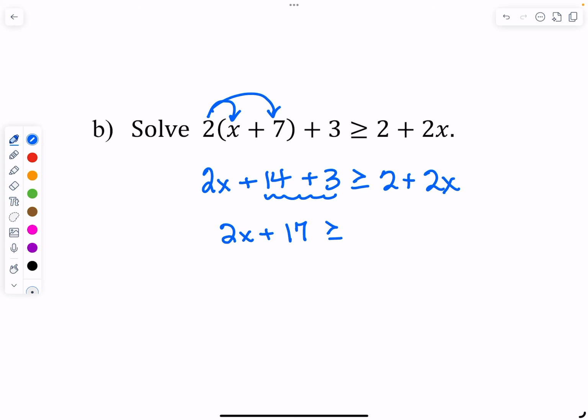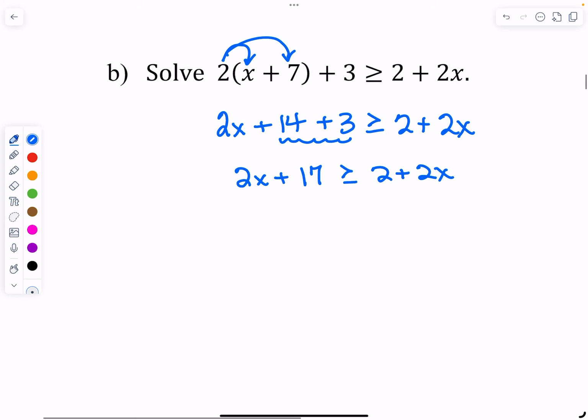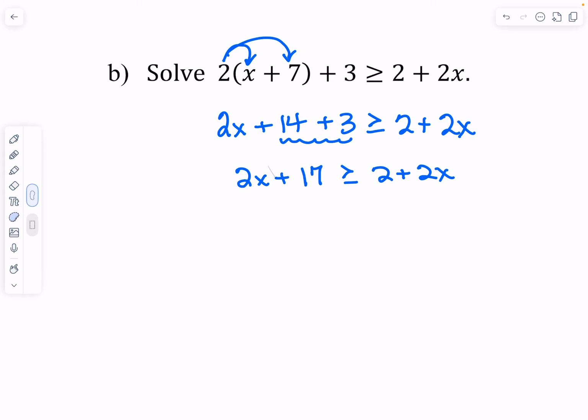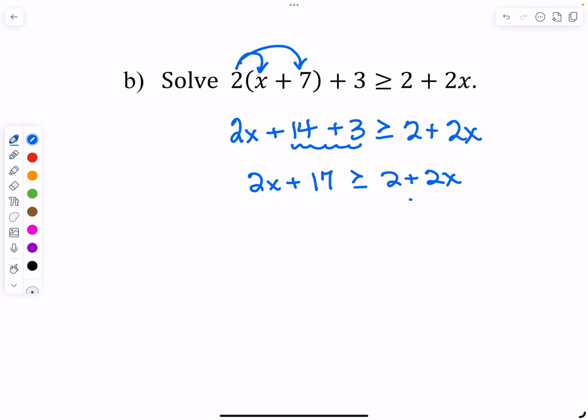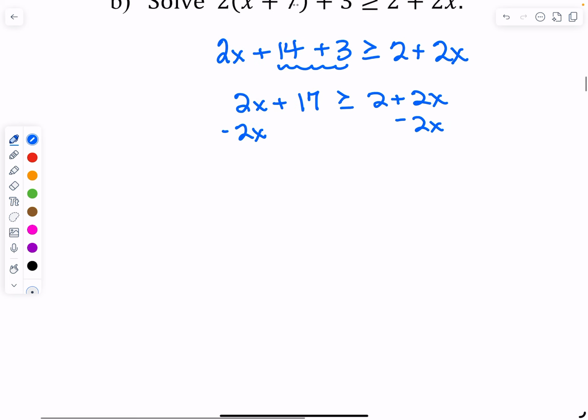So I get 2x plus 17 is greater than 2 plus 2x. All right, so I'm going to get all my letters on one side. So I'm going to put my letters over here on the left-hand side. So I'm going to subtract 2x. And let's see what we have left. 17 is greater than 2.